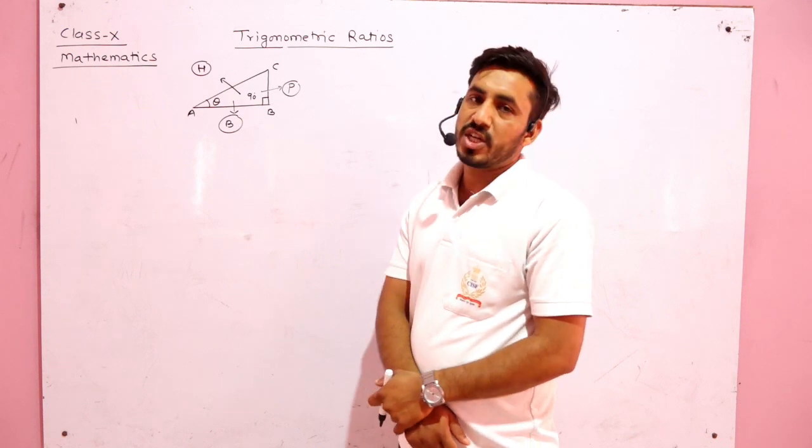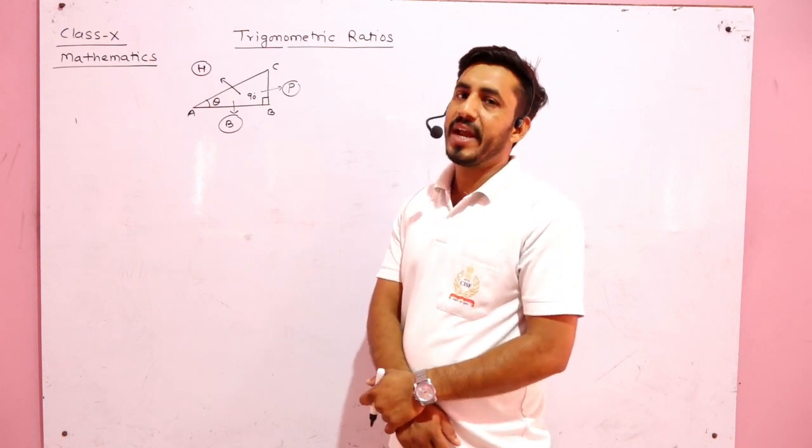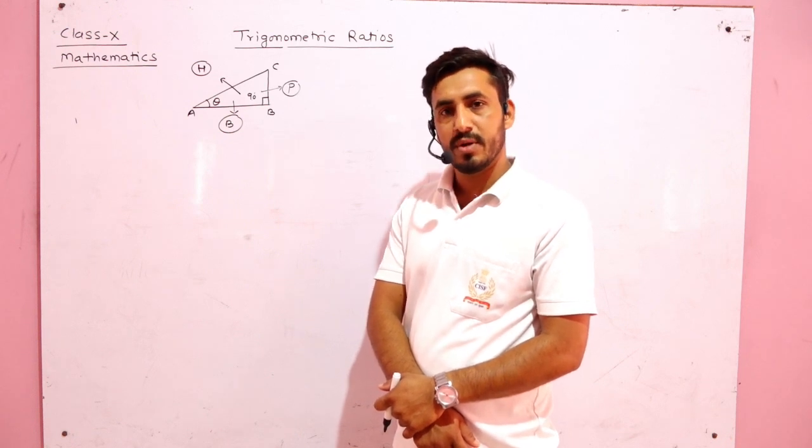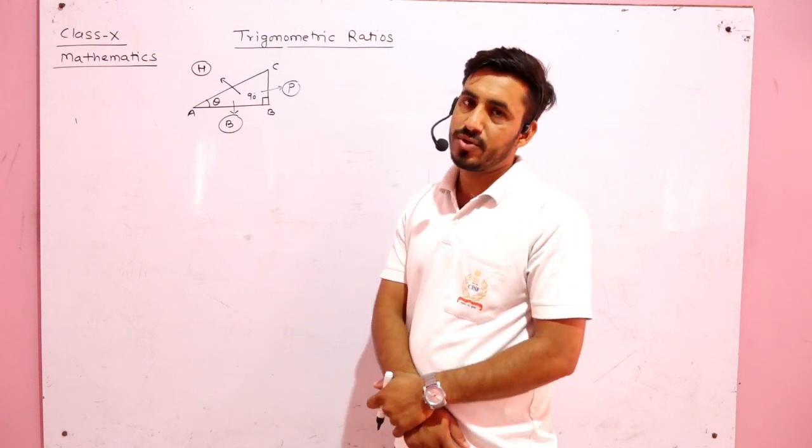Depending on these 3 sides, we get 6 types of trigonometric ratios. What are the trigonometric ratios?